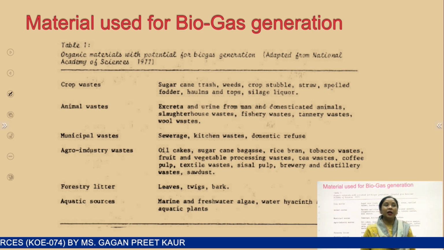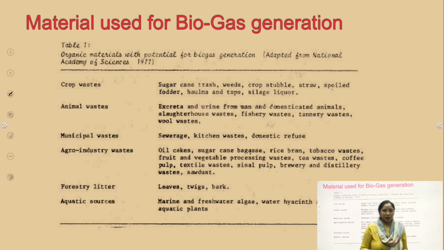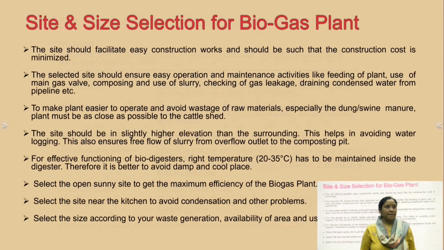These are all the materials that can be used for biogas generation. Nowadays a lot of research is being done to find which type of waste gives a higher source of energy.